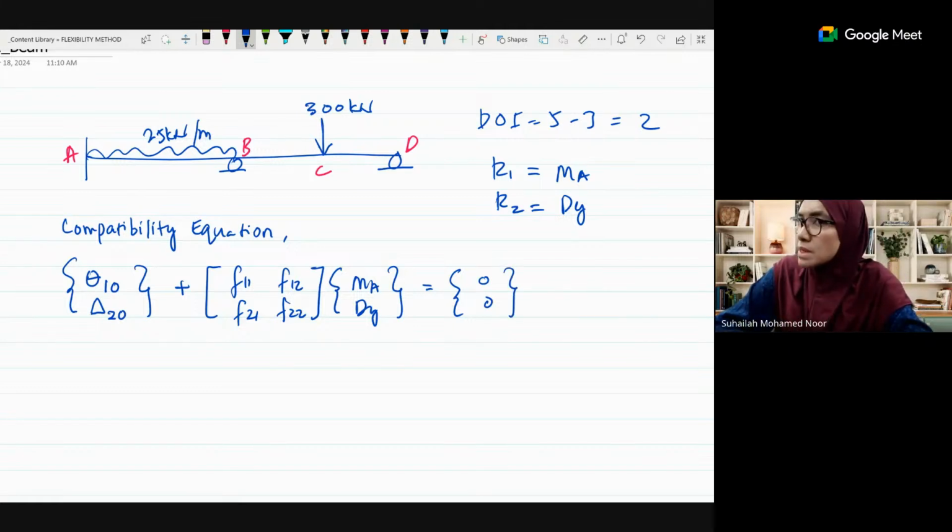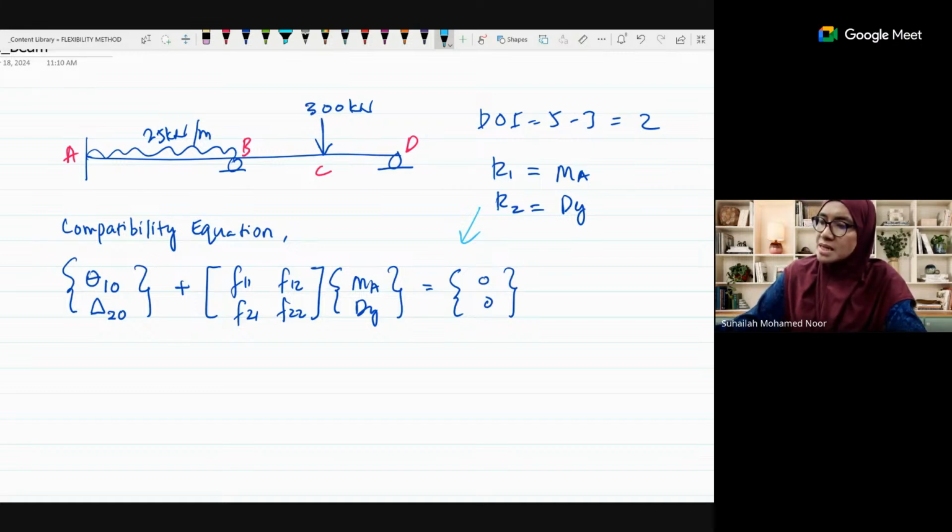Okay, so this is the standard form of the compatibility equation. We get it directly after we choose the redundants.